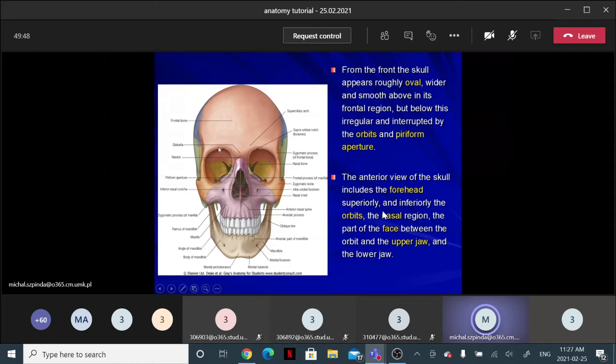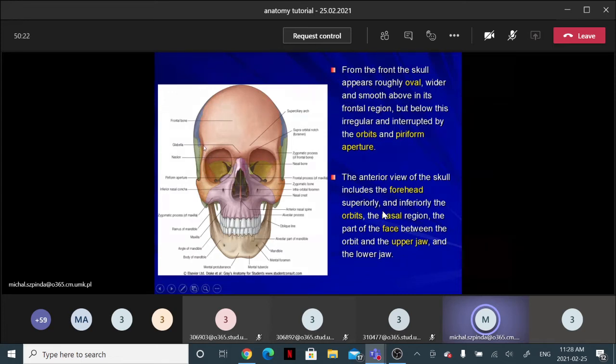The supraorbital border medially joins the nasal bone, which is a very small quadrangular bone, and the frontal process of maxilla. On the lateral side, it's continuous with the zygomatic process.